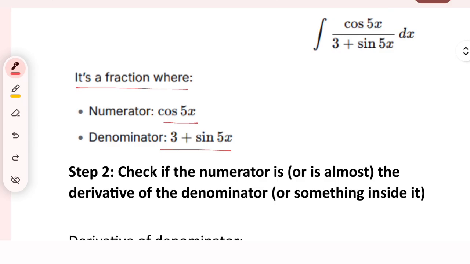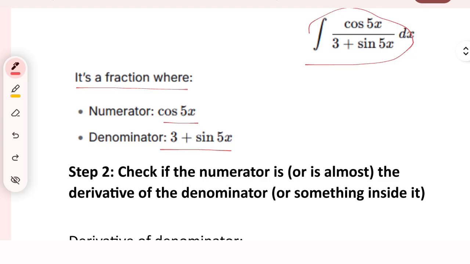That means if you take the derivative of the denominator, is the answer the numerator?